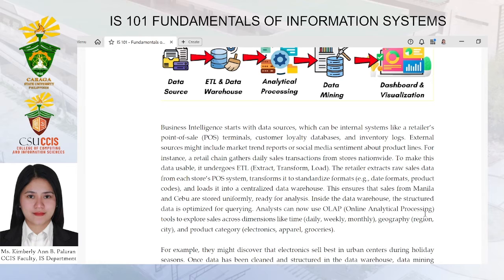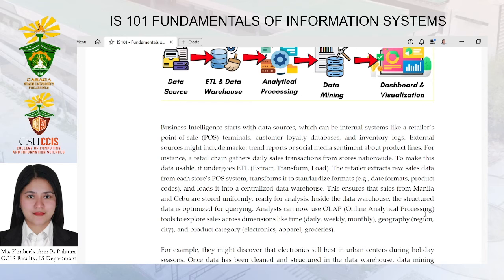In the POS, the cashiers offer customer loyalty cards and so on. So there, all the inventory logs of all their transactions are kept in their database. External sources might include market trend reports or social media sentiment about the product lines.